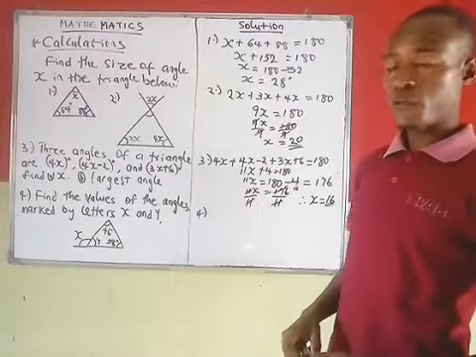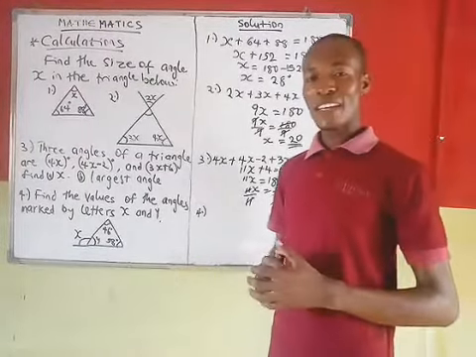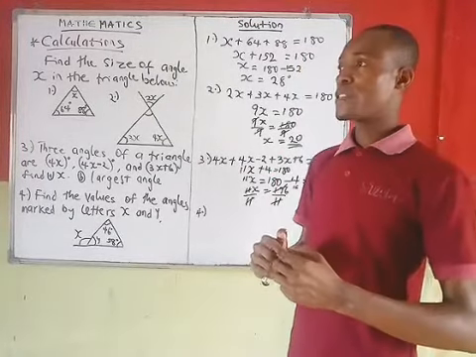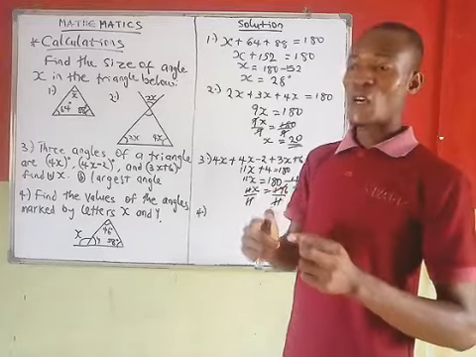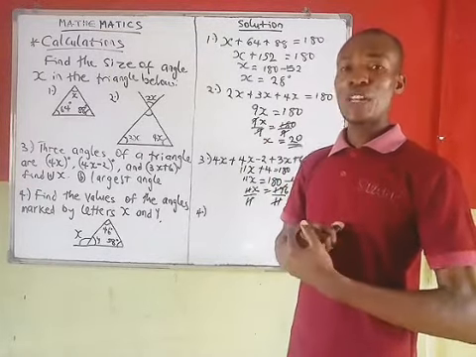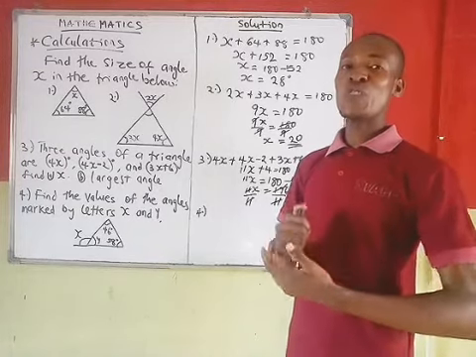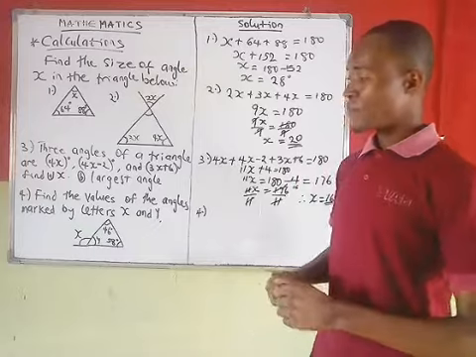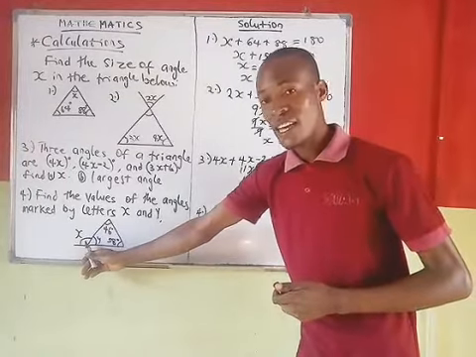Now, in that number 4, to find the value of x, we are going to use the second rule, which says that the exterior angle of a triangle is equal to the sum of the 2 opposite interior angles. The exterior angle in this case is x.